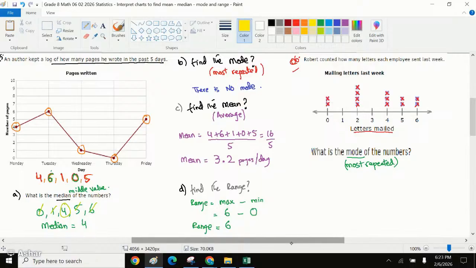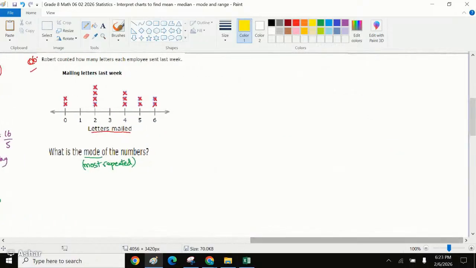But for question number 6, which of the letters mailed has the highest score? This was 2, this was 0, this was 4 possibly, this was 0, this was 3, this was 2, and this was 2. Yes, the most repeated in this case would be 2 letters, right?